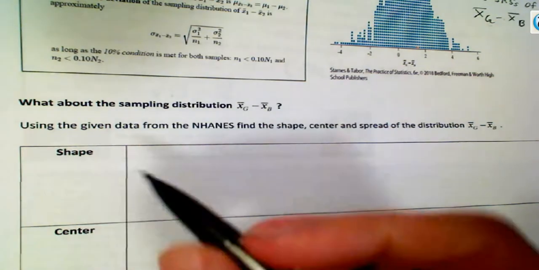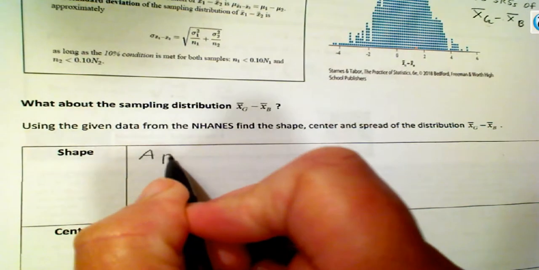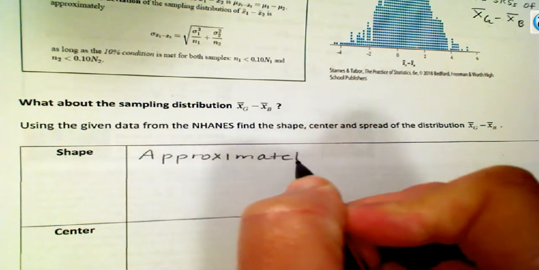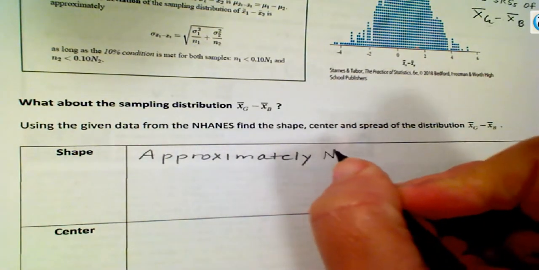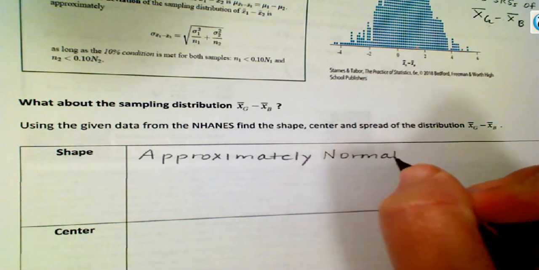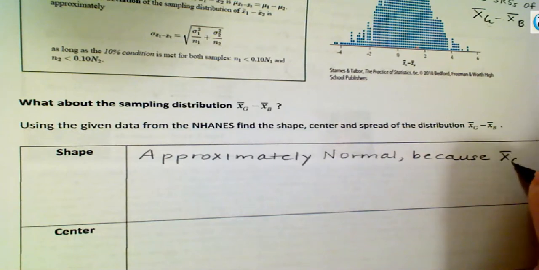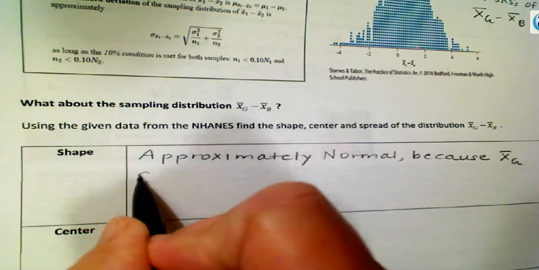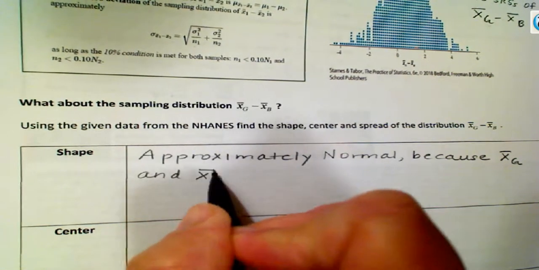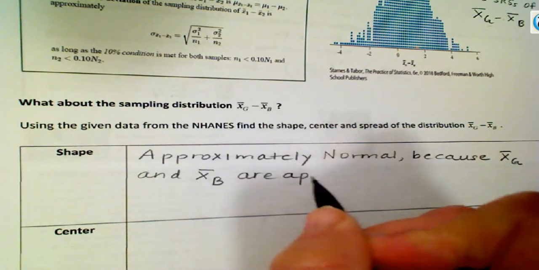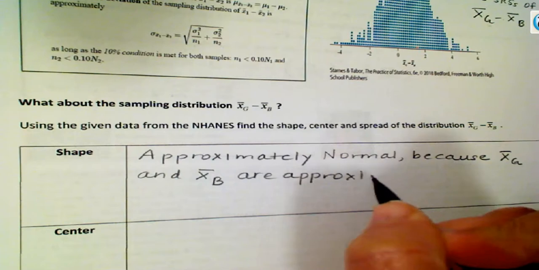All right, so the shape. We can say that the shape of the difference is approximately normal because the sample mean of the girls and the sample mean of the boys are approximately normal.